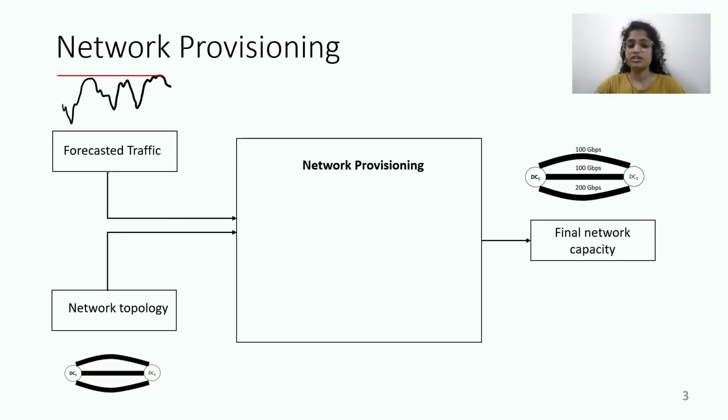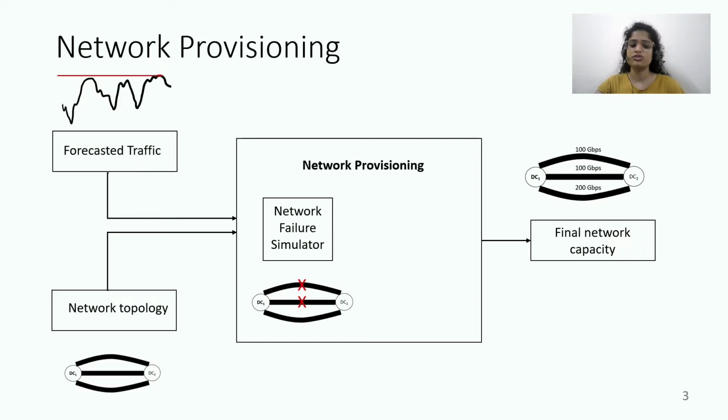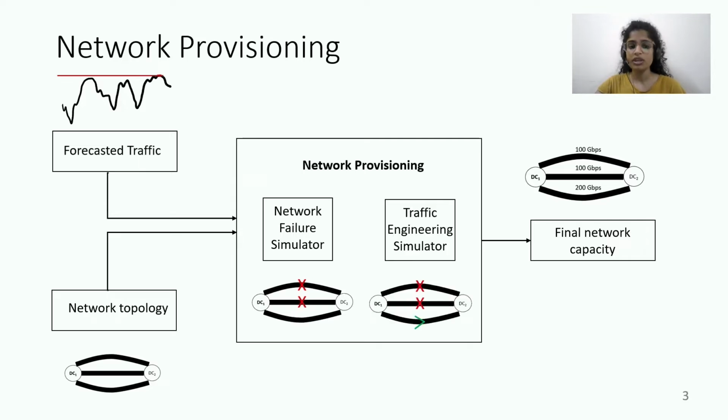And since link failures are common in wide area networks, we also simulate link failures. The network provisioning LP also simulates the underlying traffic engineering to figure out the routing and scheduling of the forecasted traffic demands. The final network capacity should be able to accommodate the forecasted traffic demand peak in the face of anticipated failure scenarios.